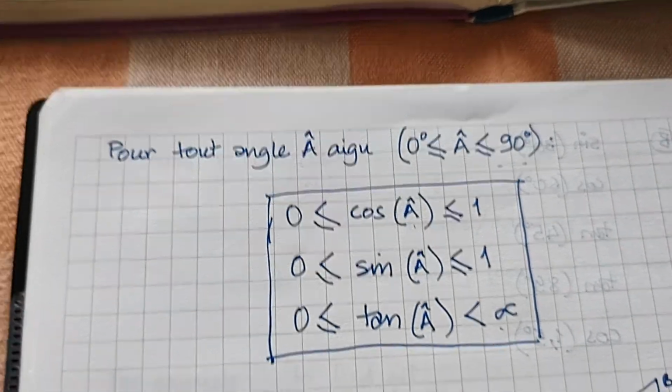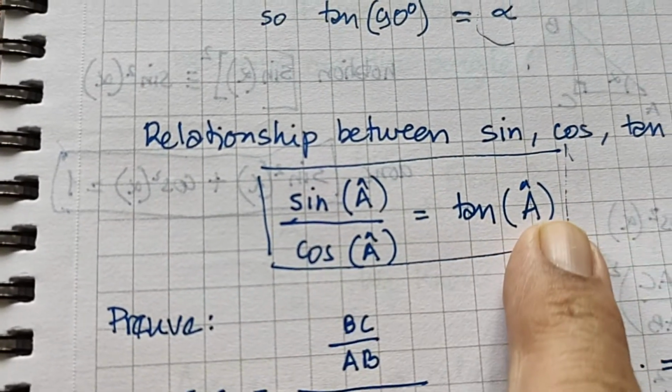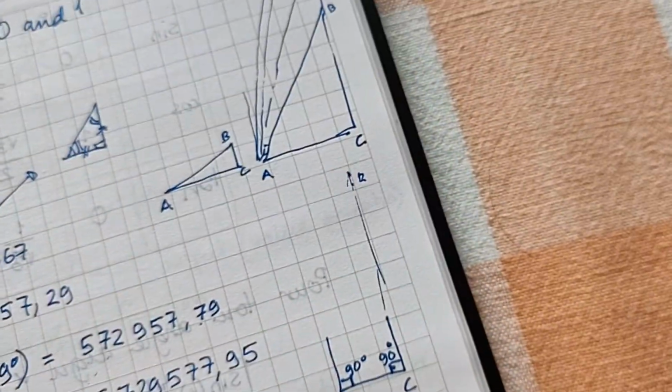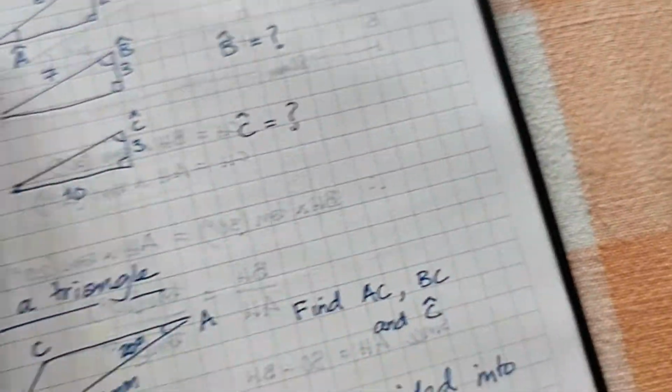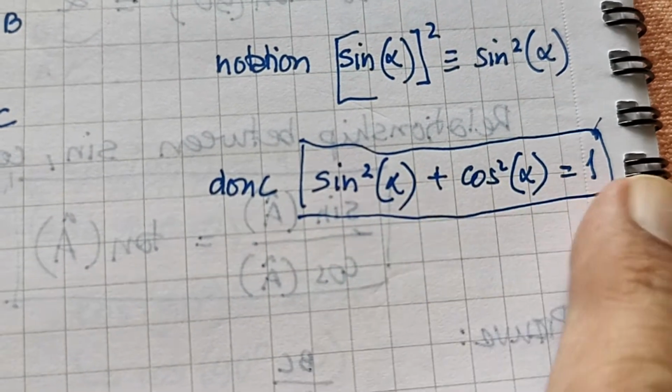Then we took some special identities. We found out that sinus over cosinus is equal to tangent, and we also found out that sinus carré plus cosinus carré of any angle is equal to 1.